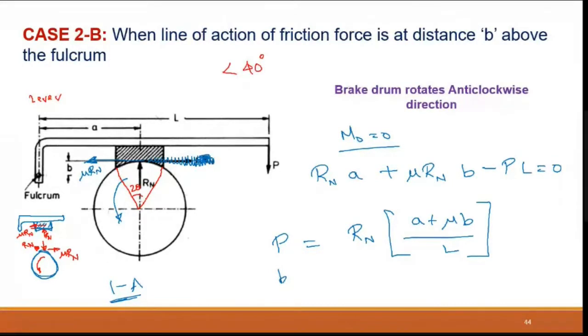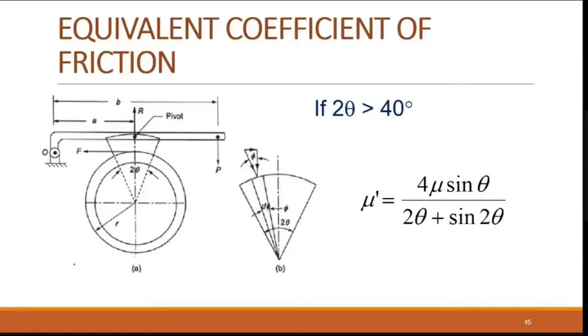Since it is less than 40 degrees, I assume the reaction acts centrally, at the center of the brake shoe. What happens if your angle is more than 40 degrees? Then the contact surface itself has a greater difference, so they integrate to identify the new coefficient of friction. For that case, you have to apply this formula.